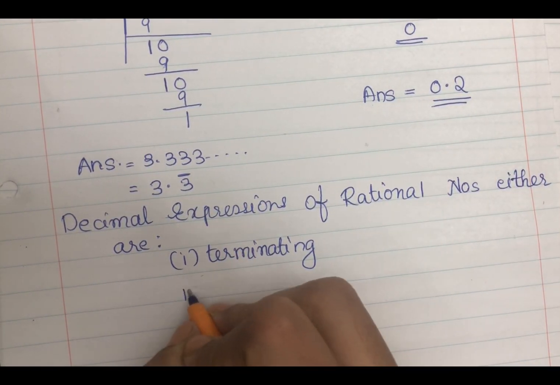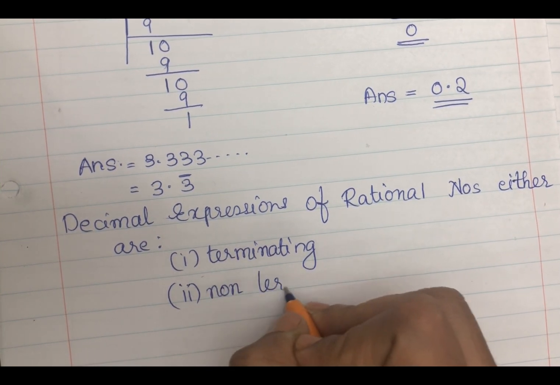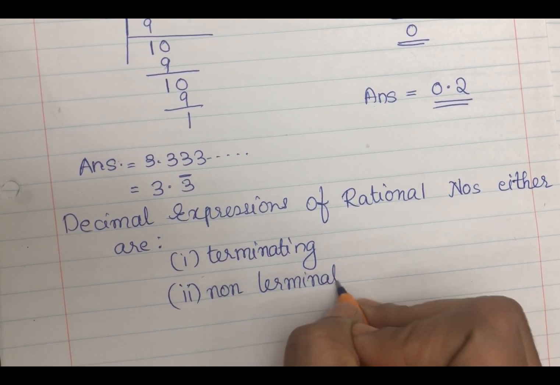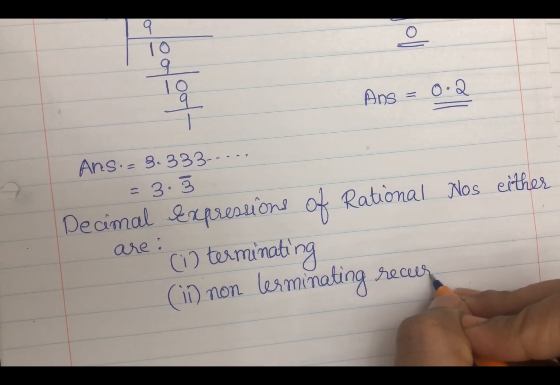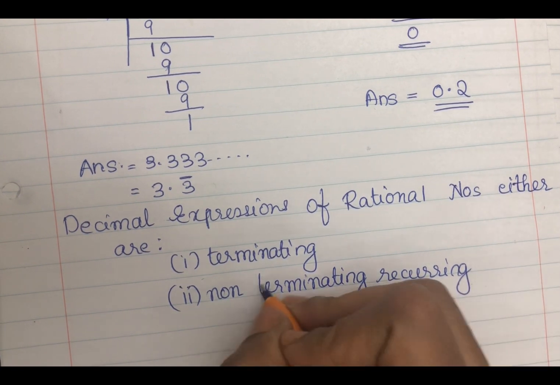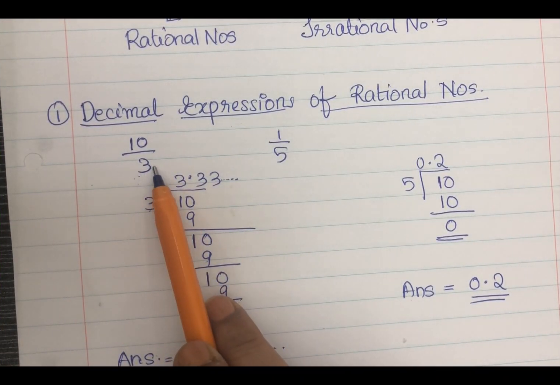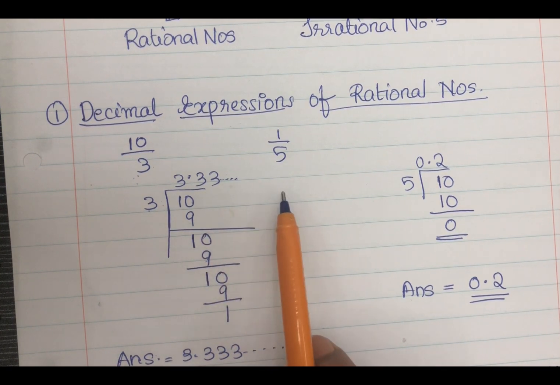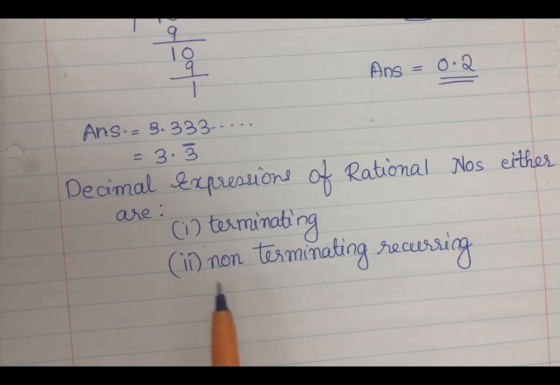And the second case is what? Non-terminating, recurring, or repeating. So which is that case? For 10 by 3, we got 3.33333. So 3.3 bar, which is non-terminating and recurring.